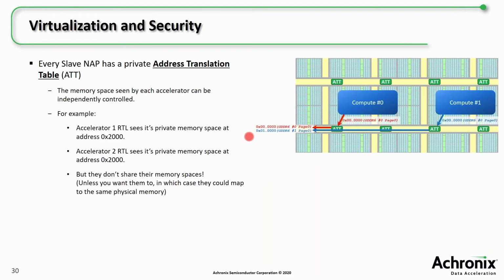You can see here that the blue address has been changed from 00 to 10, which means that this is accessing GDDR6 interface 1 page 0. So you've only implemented your RTL for your compute engine once. It only has to worry about one address for its local memory, but at the system level, it's remapped so that both compute engines' local memory are kept unique.